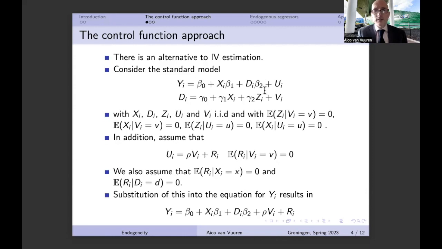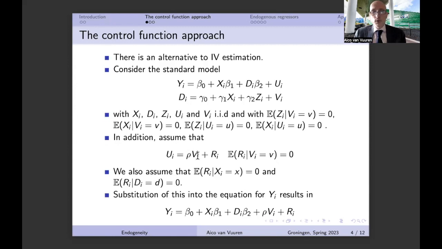But there is an alternative, as already said, and that is the control function approach. In order to introduce it, let's assume that we have an additional relationship between ui and vi. We have that ui is equal to rho vi plus ri. This first term shows the relationship between v and u, which is already quite general.